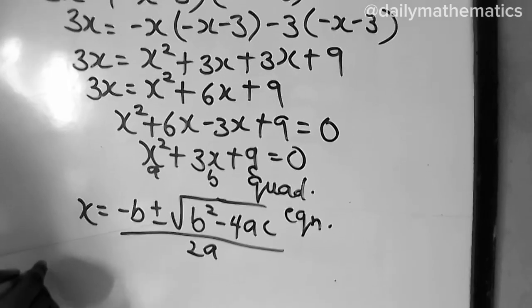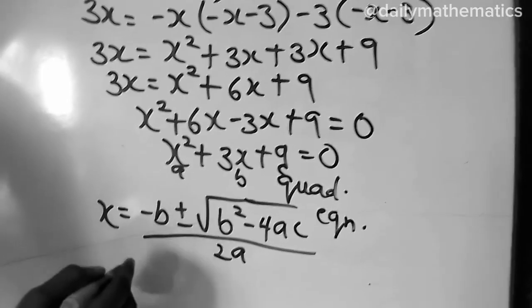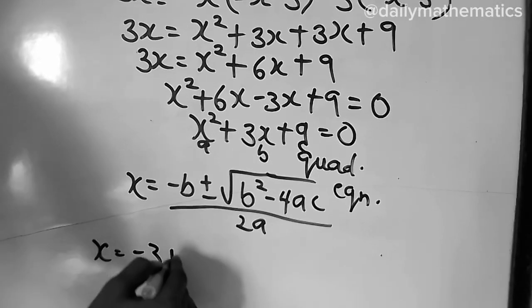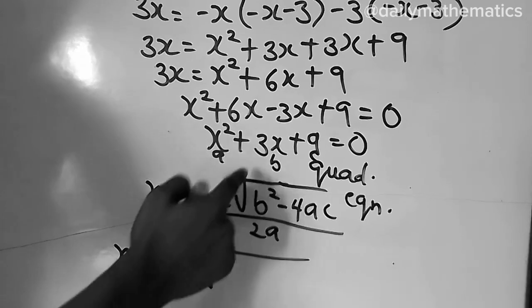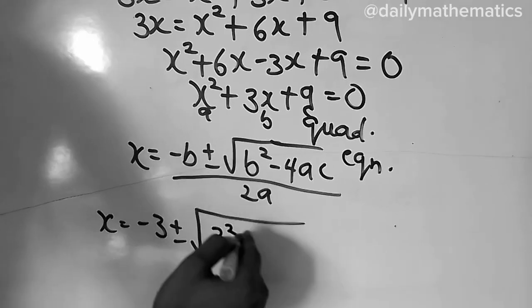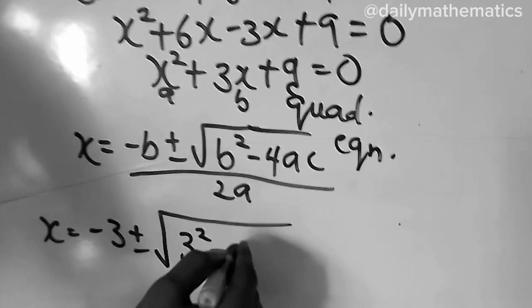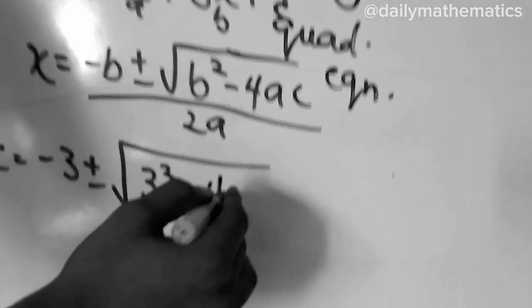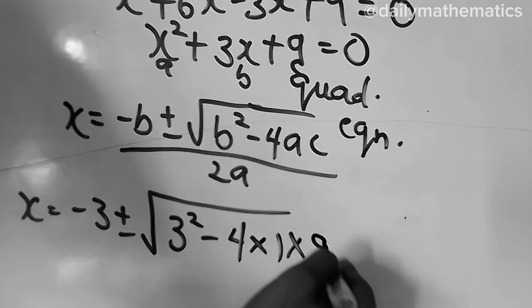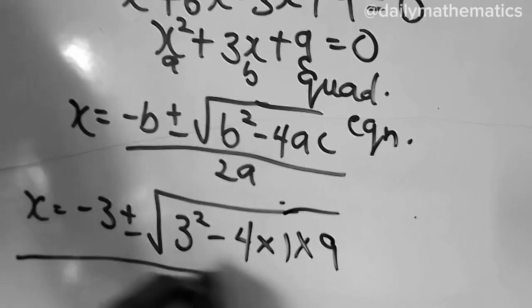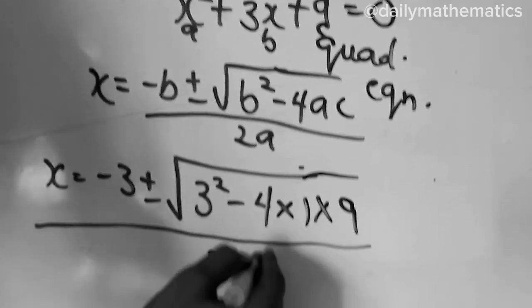So x equals minus b, that's minus 3, plus or minus the square root of b squared, that's 3 squared, minus 4ac. A is 1, c is 9, then over 2a, that's 2 times 1.